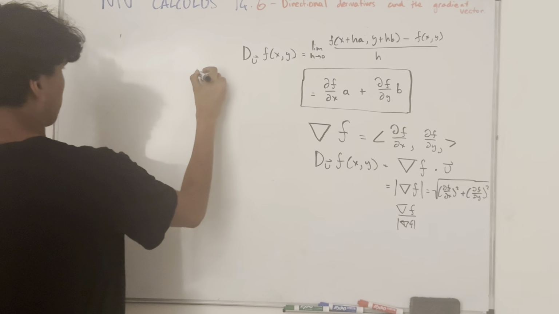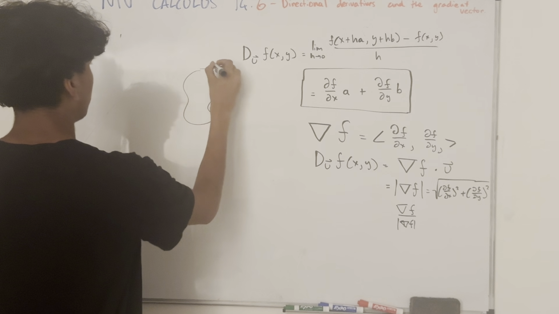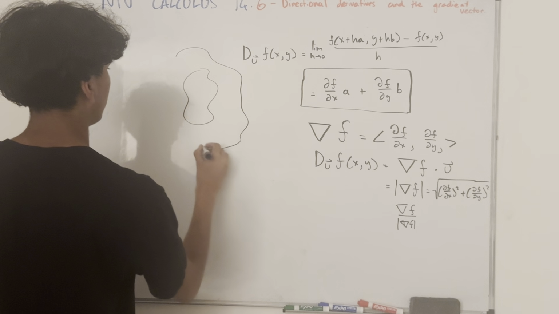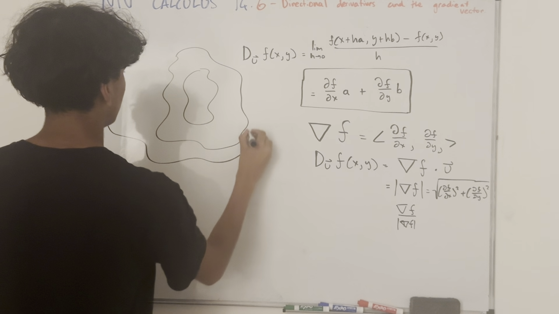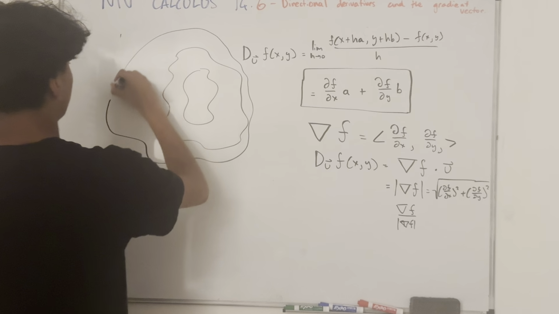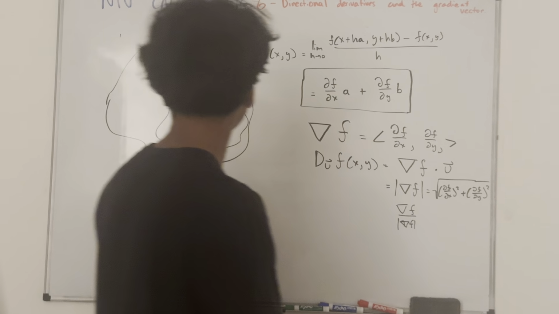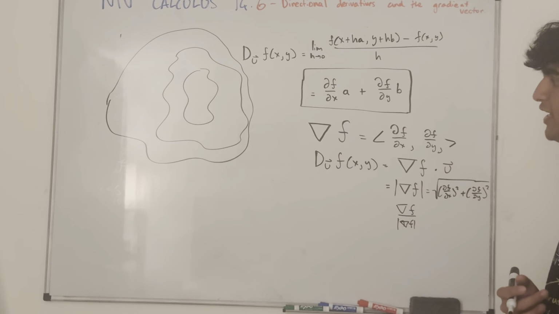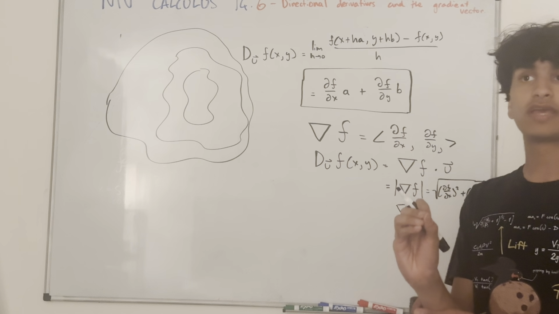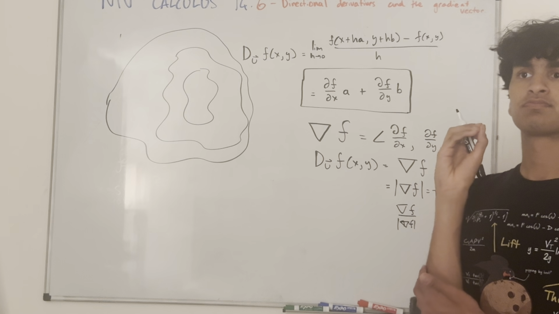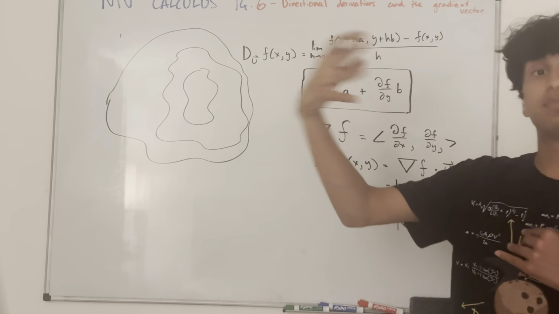If I had a contour map, so let's say this is a contour map of any function I want. Oh, wow, it's pretty steep here. What the gradient vector tells me is the direction of quickest ascent, or steepest ascent.